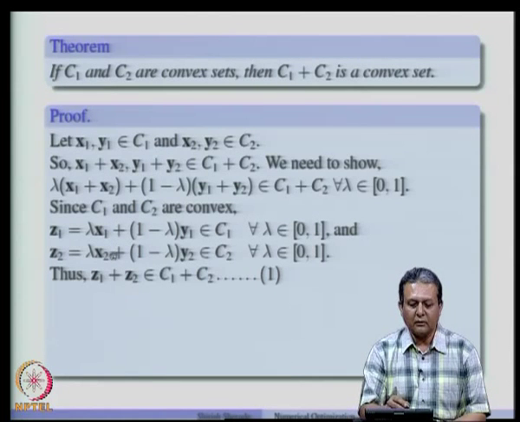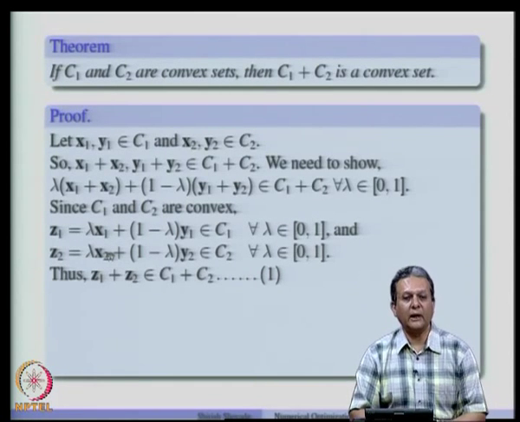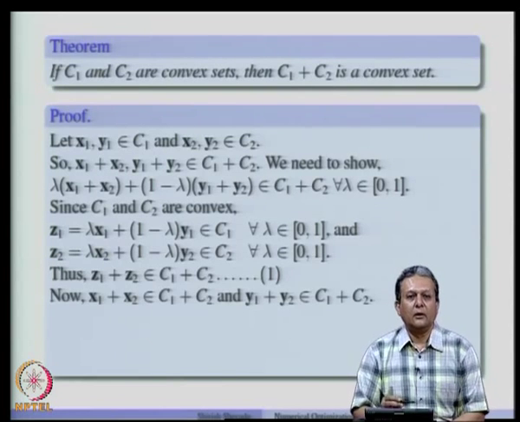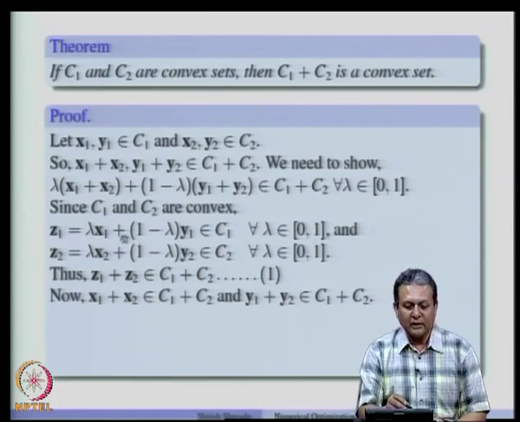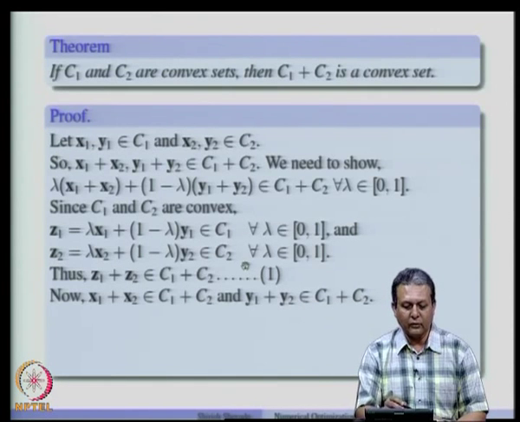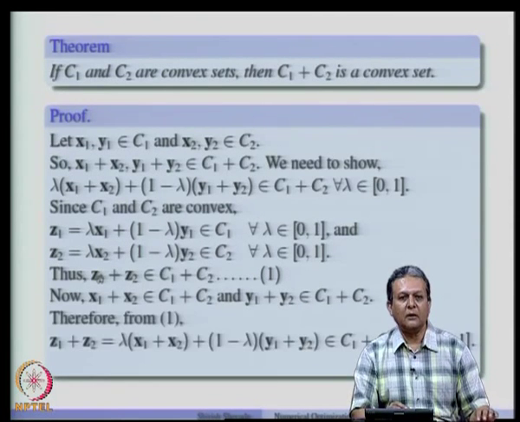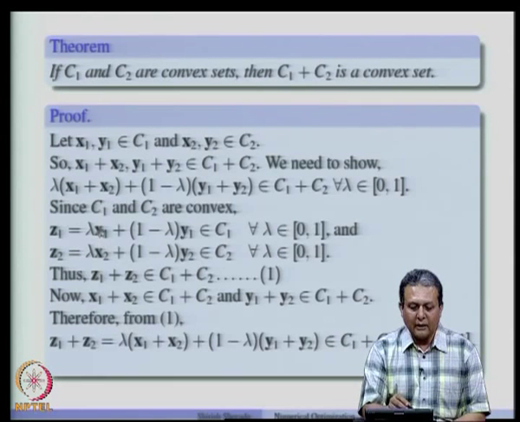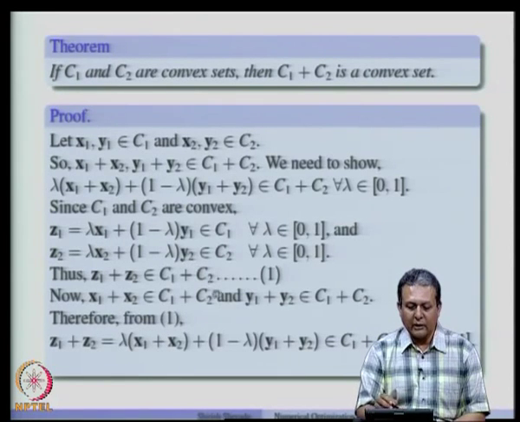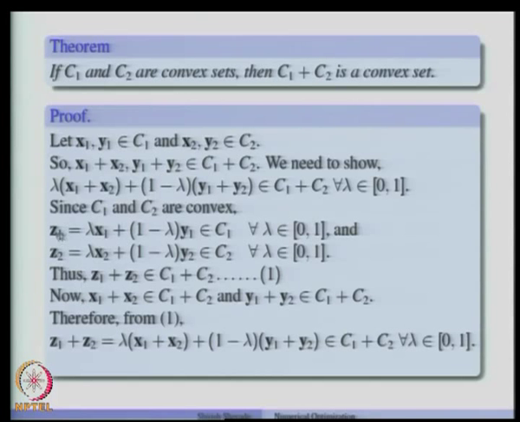If we sum the right side, remembering that x1 plus x2 belongs to C1 plus C2 and y1 plus y2 belongs to C1 plus C2, what we get is lambda into x1 plus x2 plus 1 minus lambda into y1 plus y2, and that is nothing but z1 plus z2. And since z1 plus z2 belongs to C1 plus C2, the vector on the right side also belongs to C1 plus C2 for all lambda in the range 0 to 1.